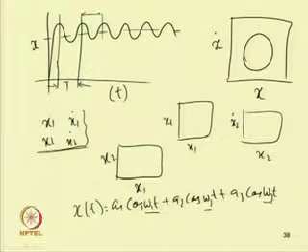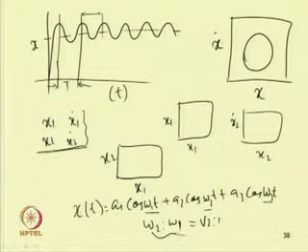But if the ratios are not rational numbers, for example omega 2 by omega 1 is root 2 by 1, which is not a rational number, then instead of a periodic response one obtains a quasi-periodic response.